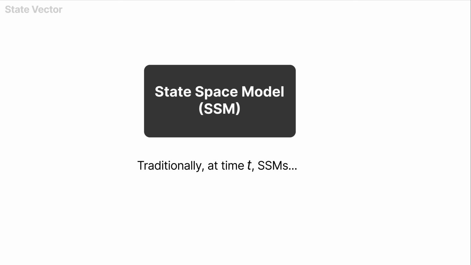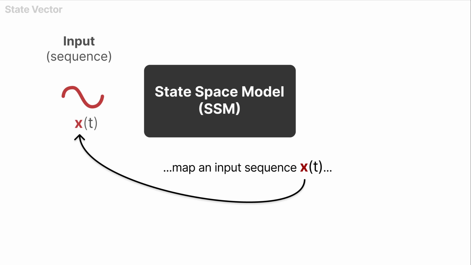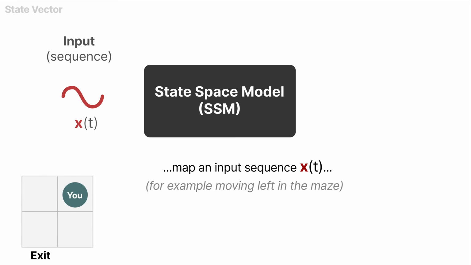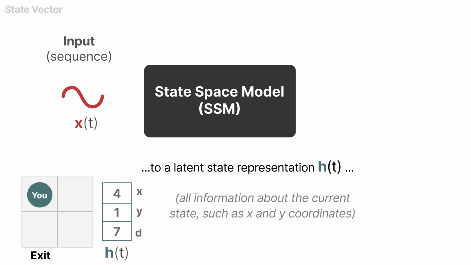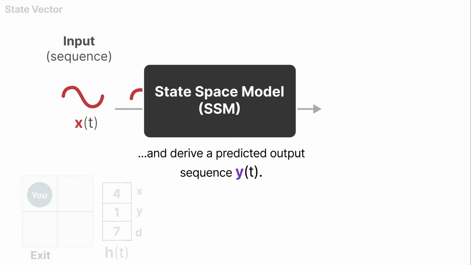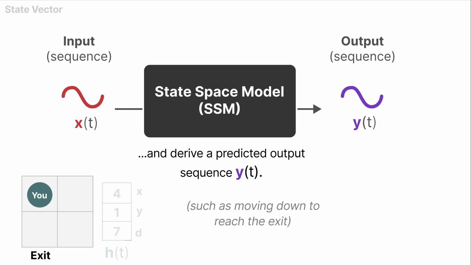Traditionally, at time t, SSMs map an input sequence, x of t, for example, moving left in the maze, to a latent state representation, h of t. All information about the current state, such as x and y coordinates, and derive a predicted output sequence y of t, such as moving down to reach the exit.